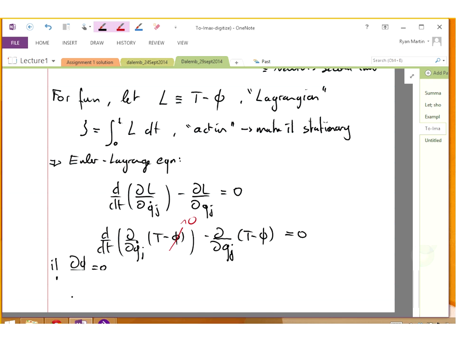And similarly, if di T by di Qj is also equal to 0, which is the case that we had, that means the term with the T in the second term is 0.